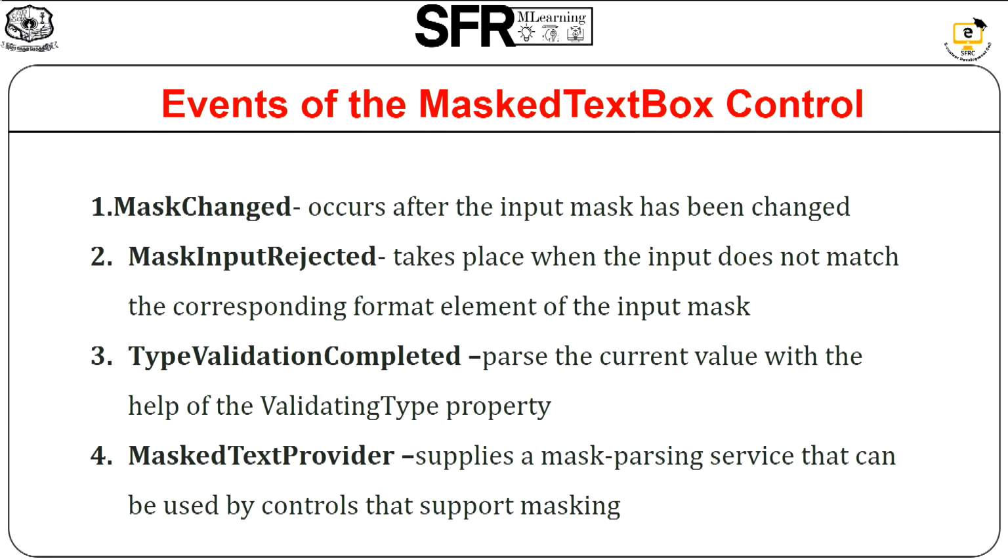Then only we can proceed. Therefore, the mask parsing service, which is very important, is provided by the property called masked text provider. These are the events we have discussed here.